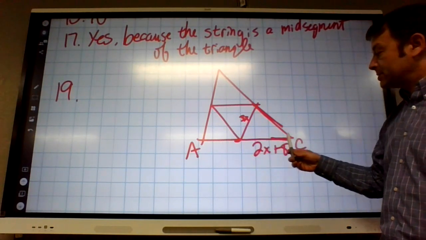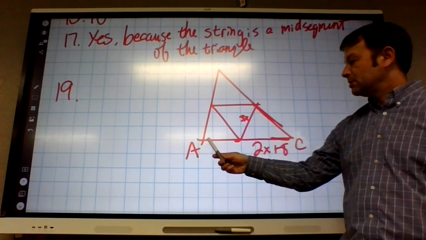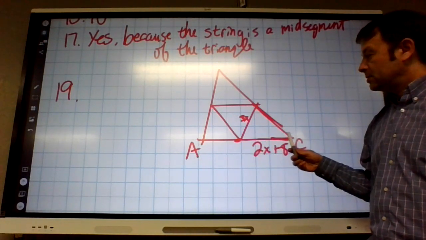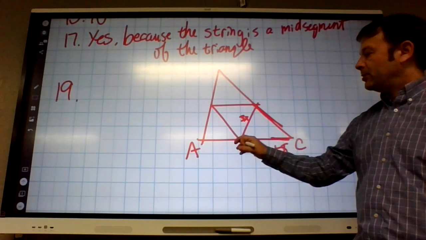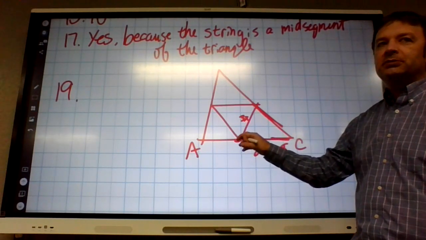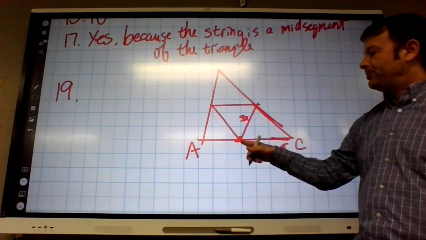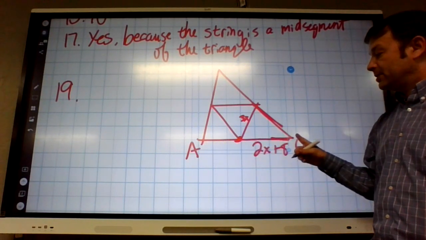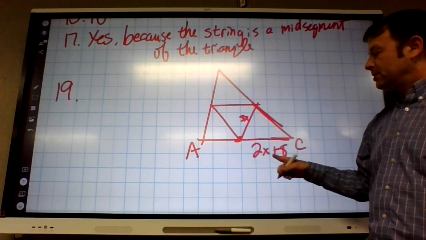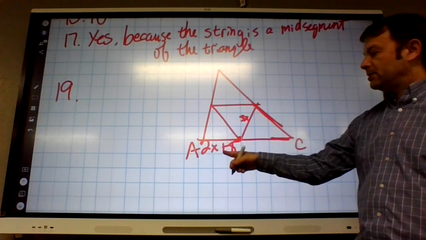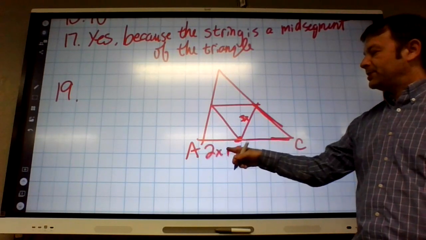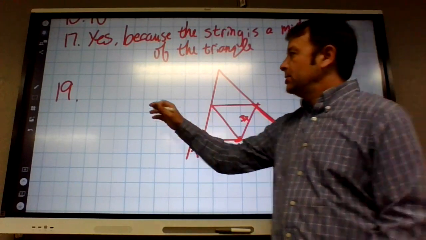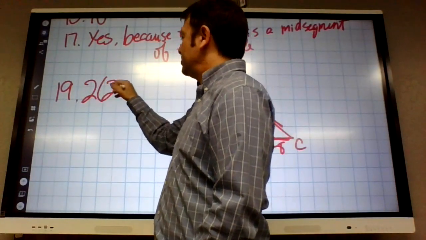How could I represent this thing? X. 2x plus 8. Okay, what do I know about this point right here? Midpoint. So how could I find this total thing? You do that and then you times it by two. Or you just do 2x plus 8 plus 2x plus 8. Or 2 times 2x plus 8.